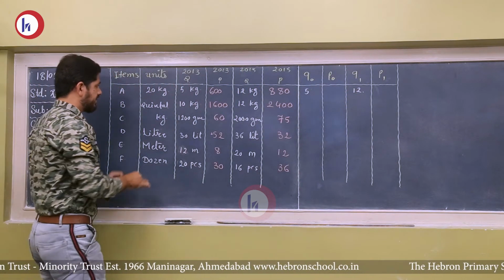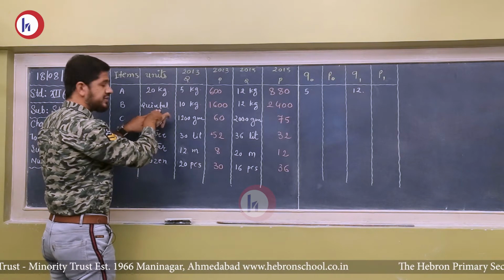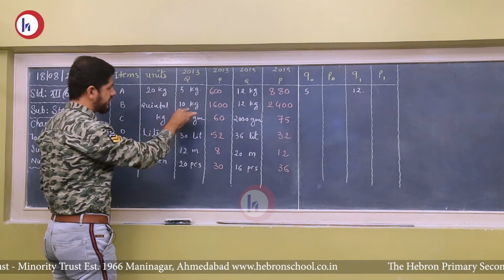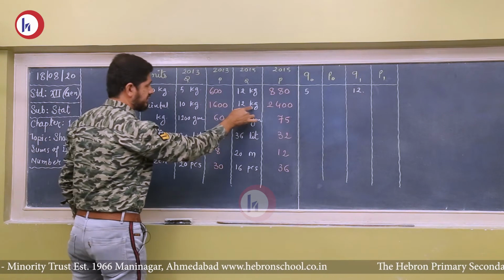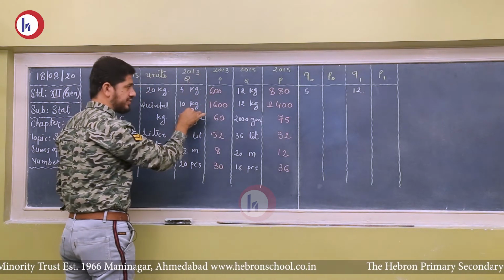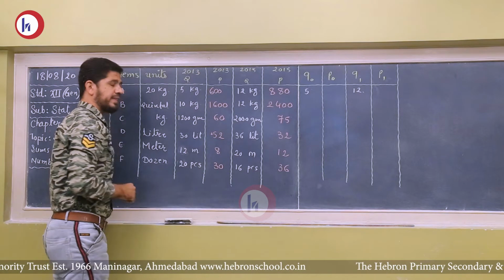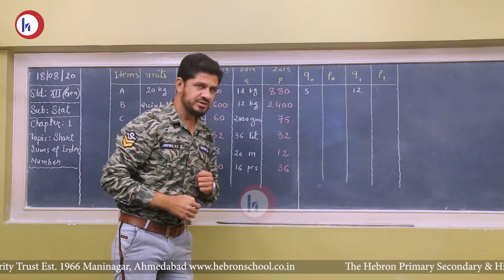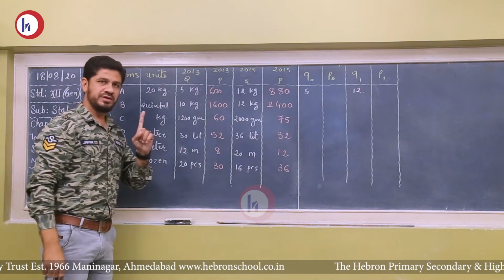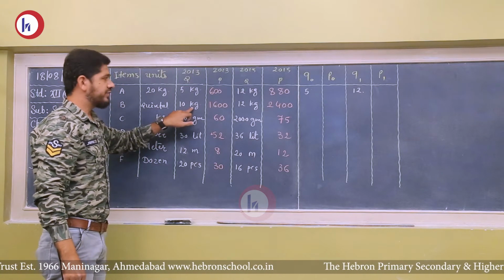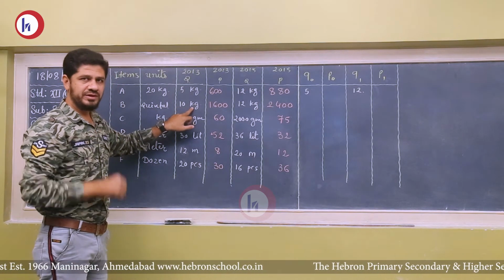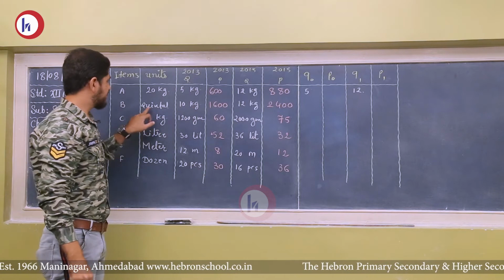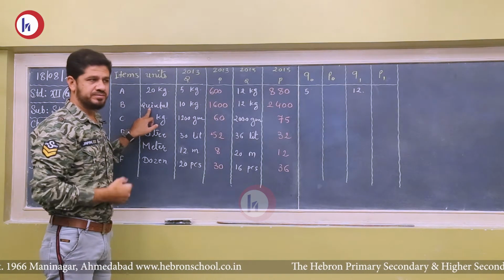Now in item B, there is a unit quintal. You can see the unit kg in the base year and current year. Now we have two ways to rectify it: we can convert the kg into quintal, or we can convert quintal into kg.